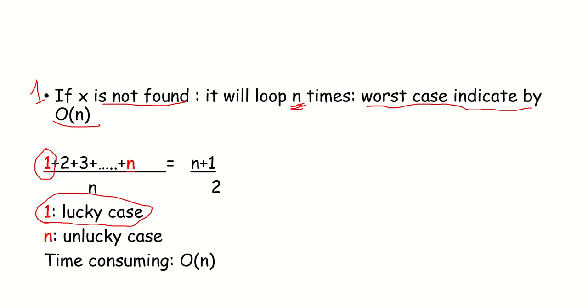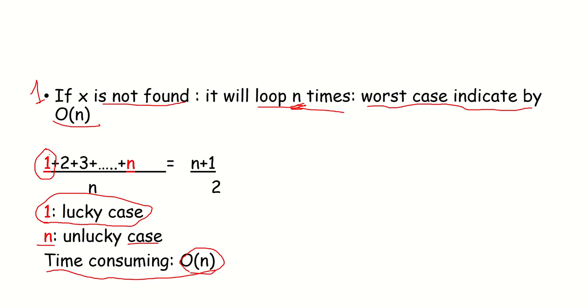If not, I have to go till the end, which is called an unlucky case. So O(n) represents the time consumption. It could be the lucky case, or it could be the n case, the worst case.